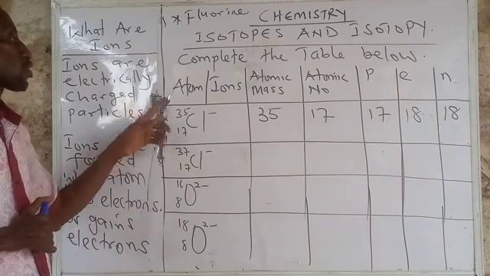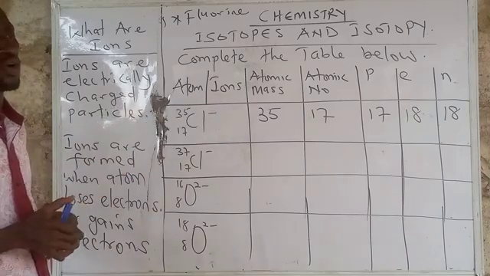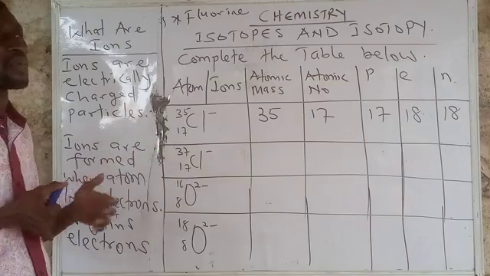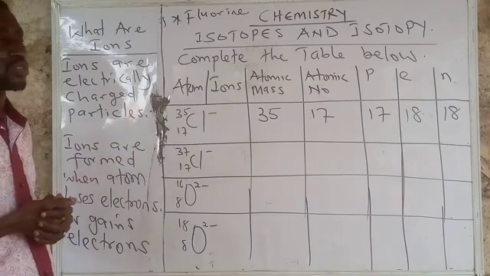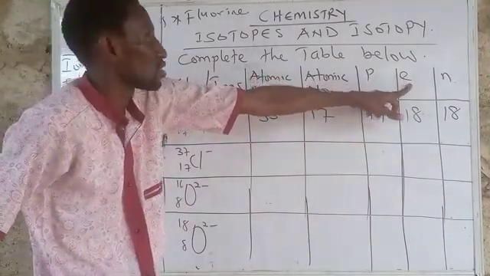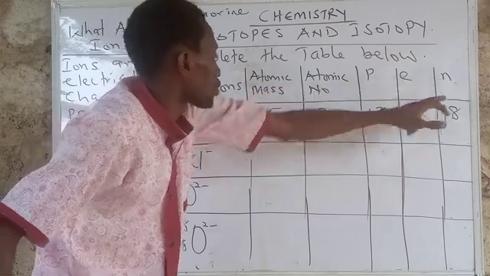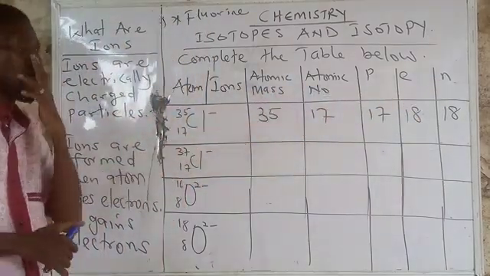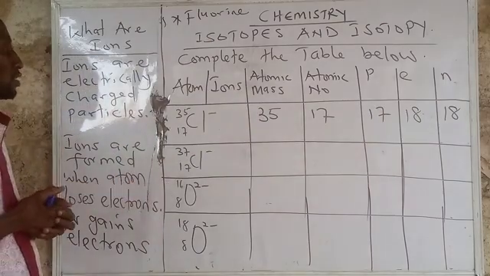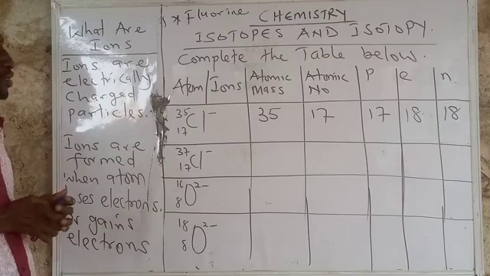So when atoms form ions by gaining electrons or losing electrons, the only thing that is affected is the number of electrons. It is the number of electrons that will either increase or decrease. Other things, proton, neutron, atomic number and mass number are not affected. Let's look at chlorine 37.